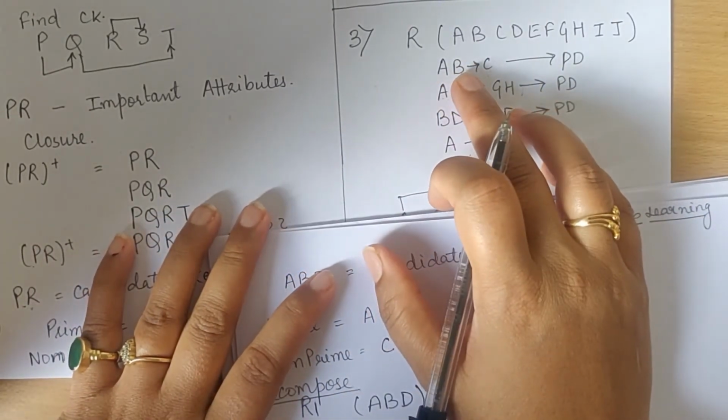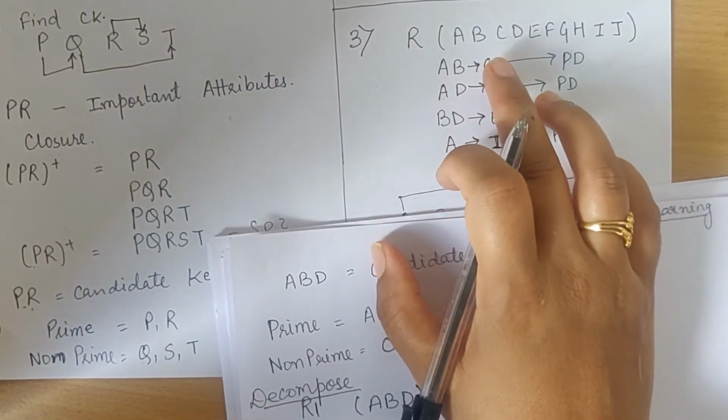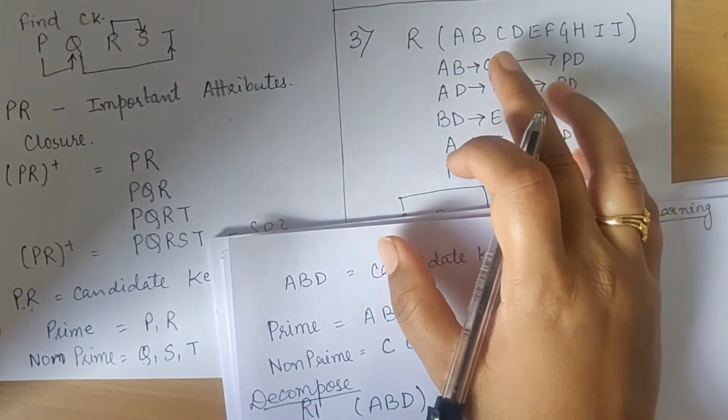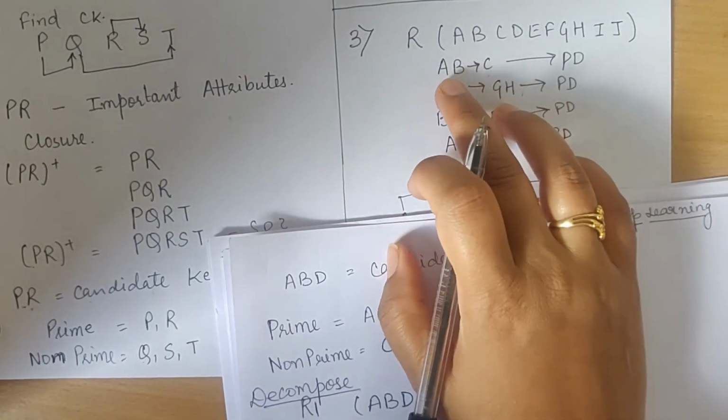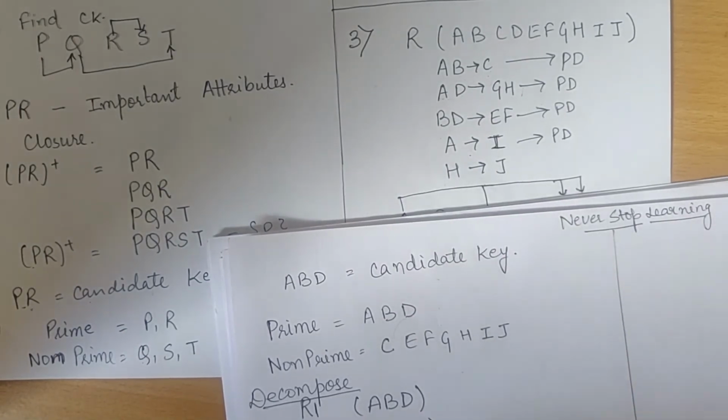So what is happening? There is a partial dependency because a proper subset of the key is determining a non-prime attribute. We are creating this table for AB, so AB is the key.